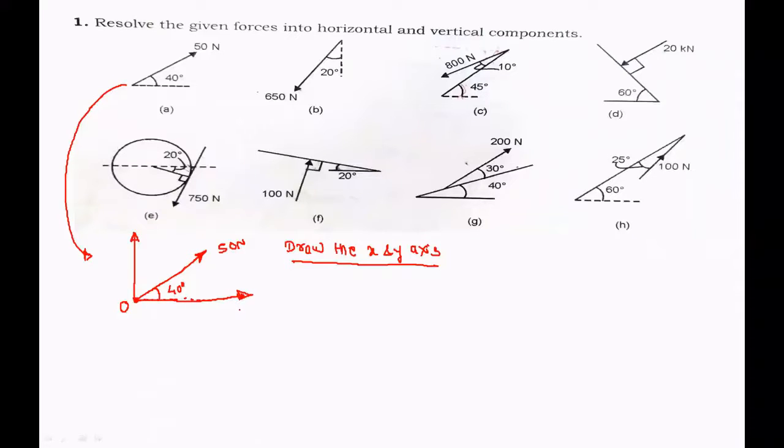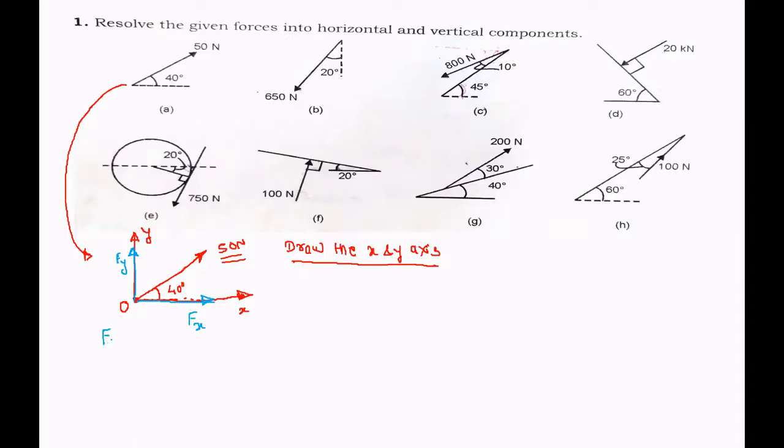So this is your x axis and this is your y axis. And now remaining procedure is same. Now we know that 50 Newton, it lies in the first quadrant. Okay. So first draw the component. This is the x component, Fx, and this will be your y component. So this is the Fy.